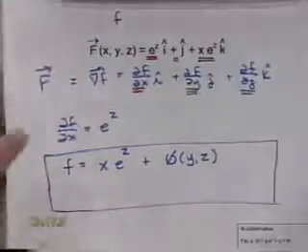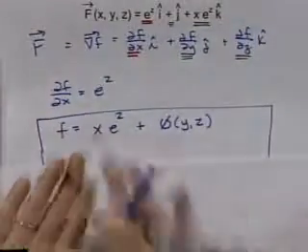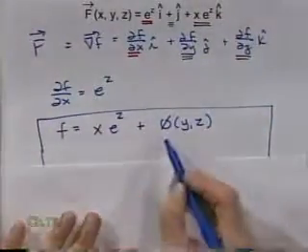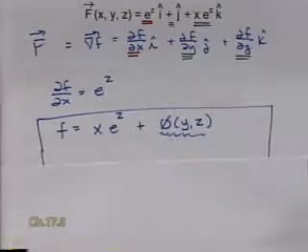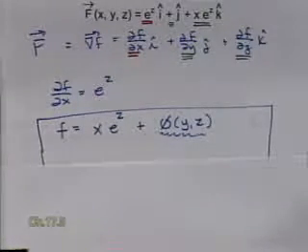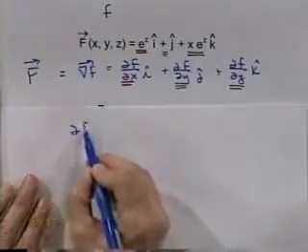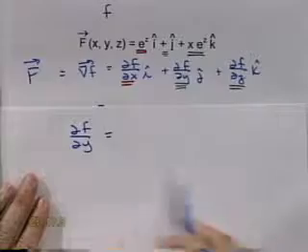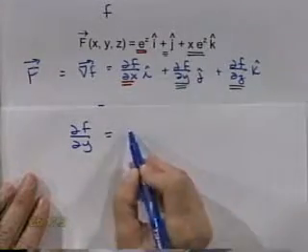Okay? Now we're going to tweak this as we go. We're going to say, do we have to add any pieces that have phi of y, z? All right, well now we have the partial of f with respect to y is equal to what? 1.